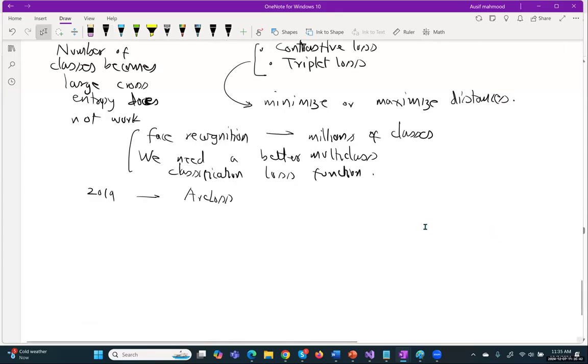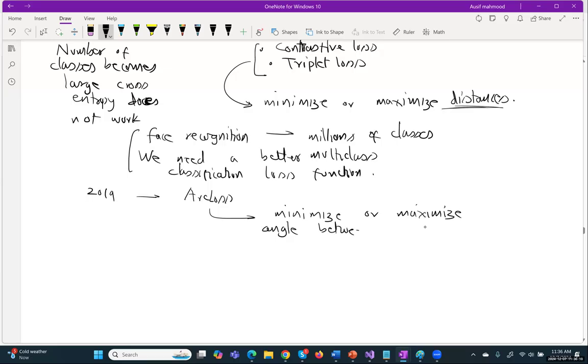The simple idea is, rather than focusing on maximizing or minimizing distances, ArcLoss's main idea was to minimize or maximize the angle between classes, or clusters, whatever you want to think of it. So rather than the distance, focus on the angle.